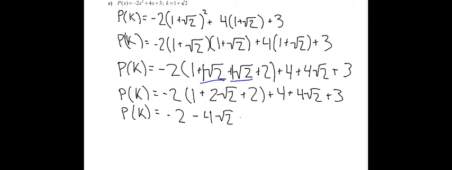Negative 2 times 2 is negative 4, and then plus 4, this is outside of the brackets now, this is just the rest, plus 4 root 2 plus 3. So once again, there are a few like terms, there are ones that we can cancel out as well. So right here we have a negative 4.